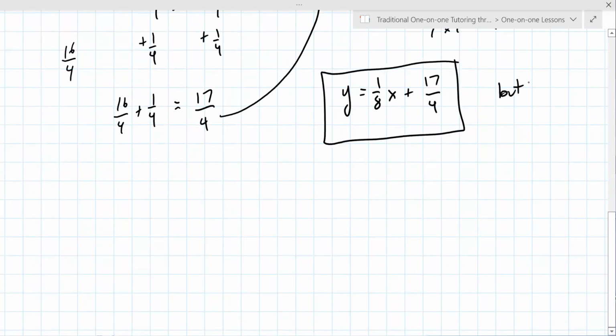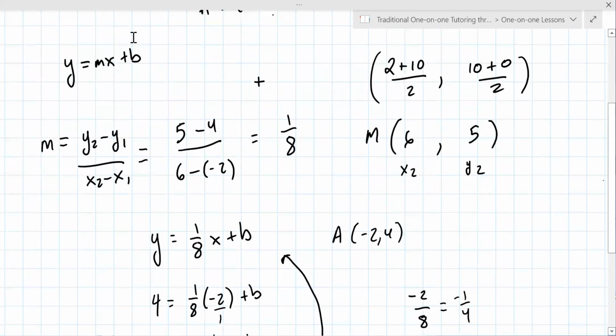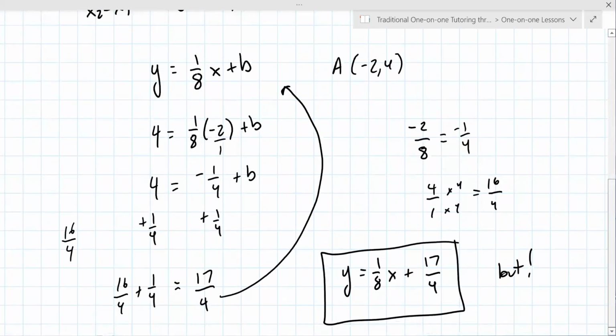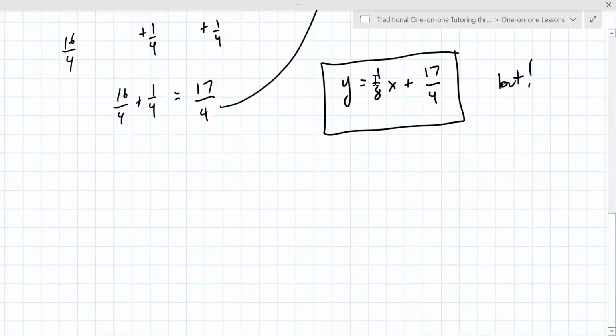But it asks for the y-intercept of this line. So you need to write the equation, but you also have to say now the y-intercept, or the b value, is 17/4. Okay. So y-intercept, b equals 17/4.